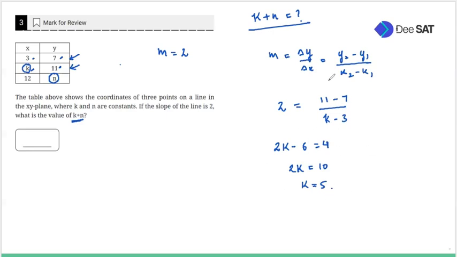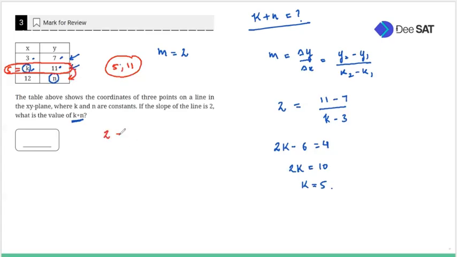So yeah, that is the case. Now, I know the value of k is 5. If I want, I can use these 2 points also. That 5 comma 11 will be my next point. I can use that in a similar way. So let's use these 2 points now to figure out the value of n, because I need the value of n also.